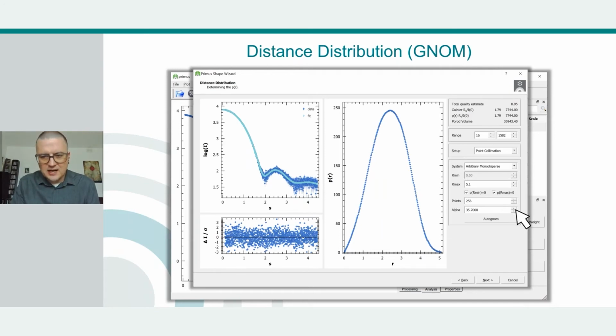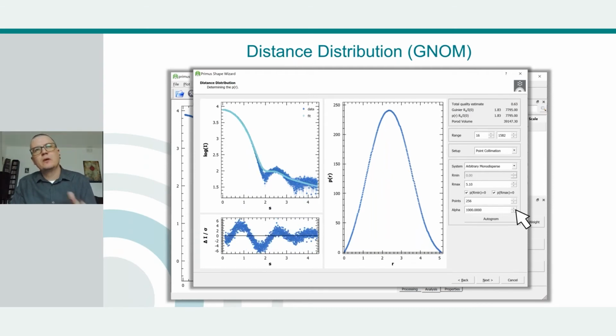You can vary the alpha parameter. So you can increase the alpha to get a smoother pair distance distribution function. However, higher alpha values mean that the fit to the experimental data will be less precise.